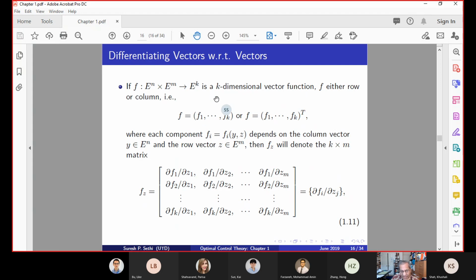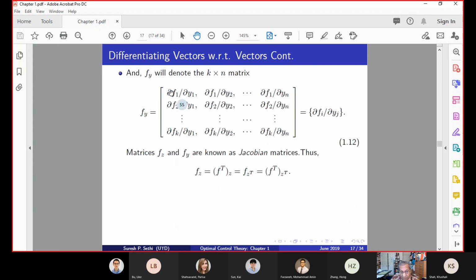Okay, so that's that. And if I do f sub y, it's the same thing. The gradient of f with respect to y. So fy is again a matrix like that. If you follow this, then we know that fz is the same as the transpose of f transposed with respect to z.